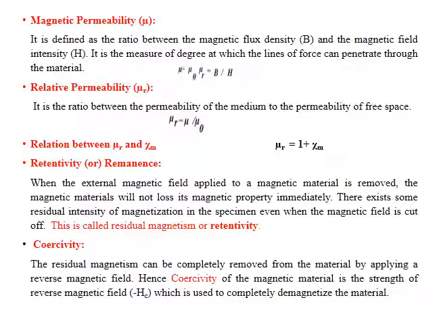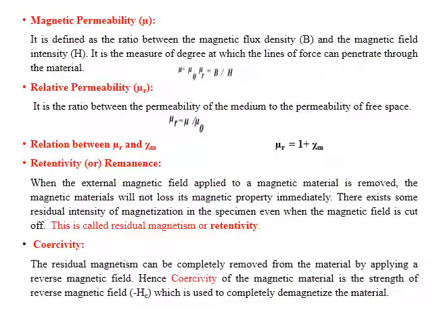Next important parameters are called retentivity and coercivity. Retentivity is the magnetic energy which is stored in the magnetic material when it is demagnetized.